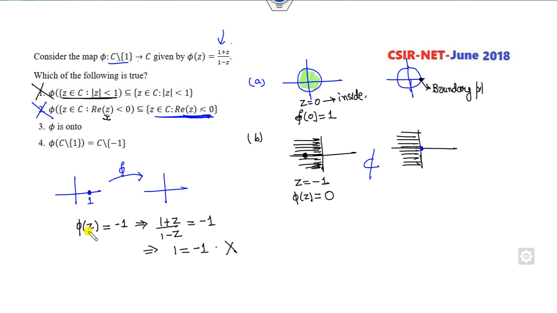It means that this map is not onto, because you are unable to get the value of z whose image will be here. So this option is cancelled. Only the correct option left is D, the right answer. And also you can see this is C minus -1. There is no image of this as -1.